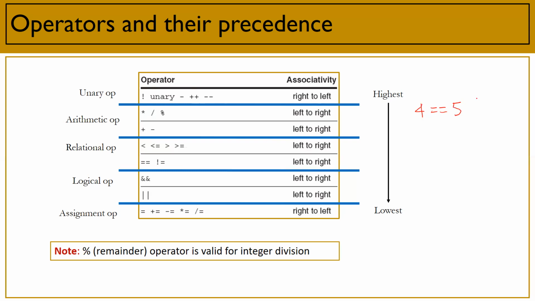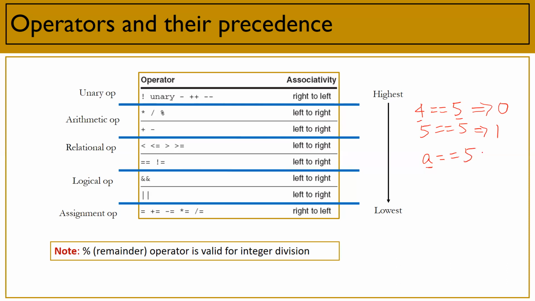Since 4 is not equal to 5, this will yield 0. But if I write 5 equal equal 5, which is true, it will return 1. And instead of these constants, I can also use variables, which may be integer or floating point. I can also write, let's say, a is a variable of type integer, and compare this a with some number, let's say 5.